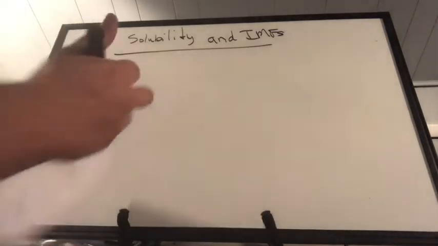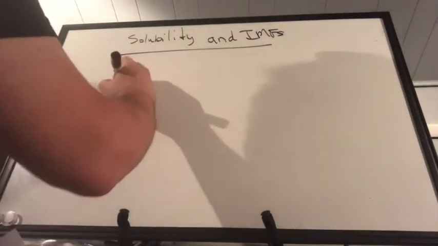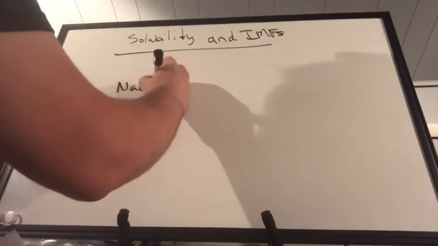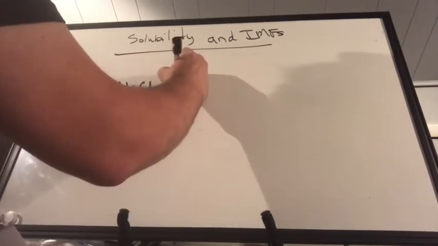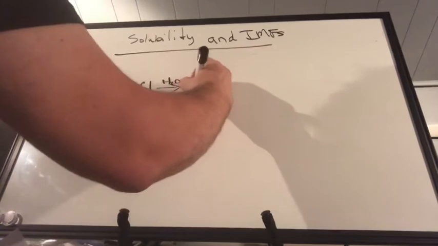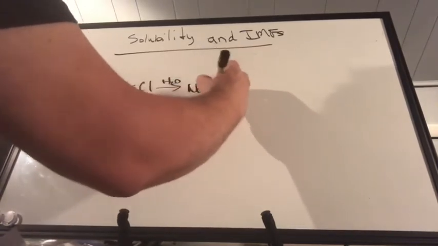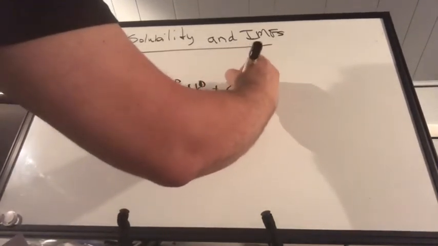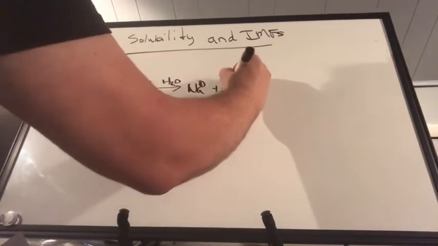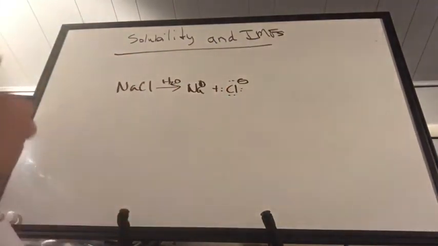But let's first think of ions in water, right? So let's say we take NaCl, run that through water, and then we're going to get some ionization, right? It's going to be a strong electrolyte. So we're going to form Na plus and Cl minus.